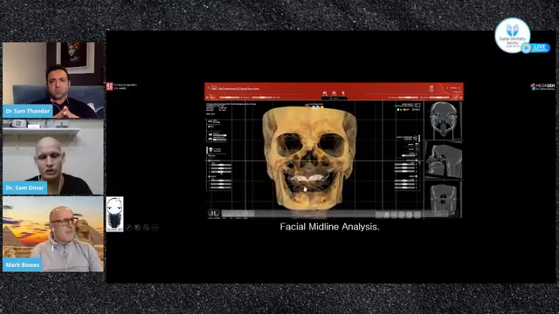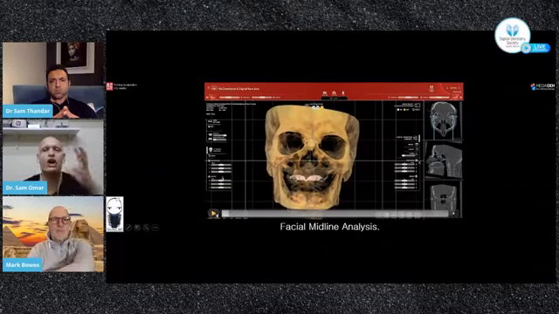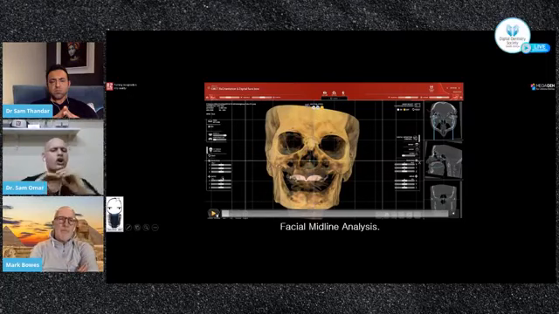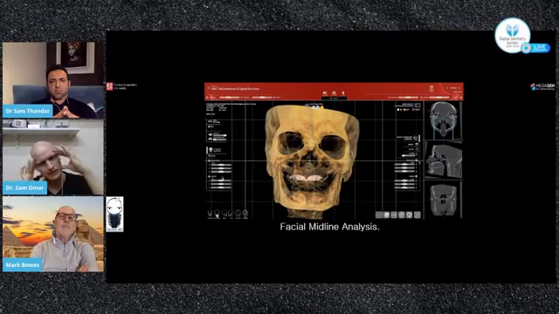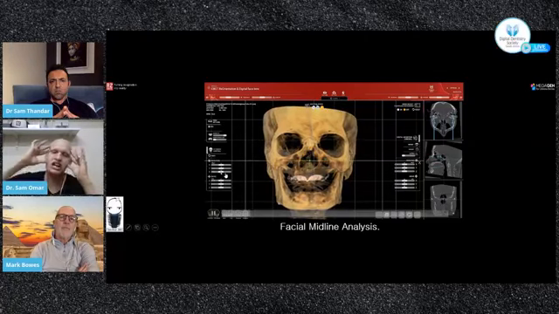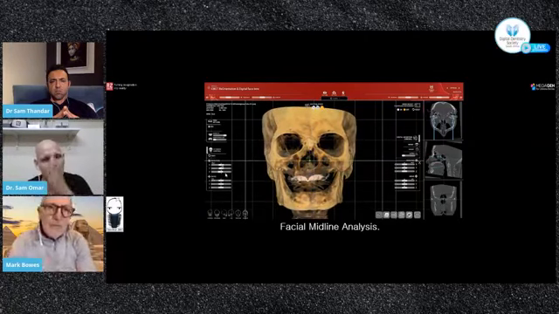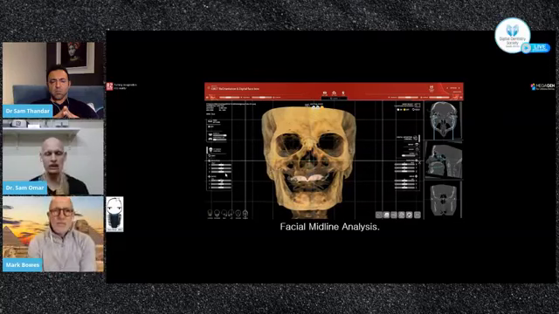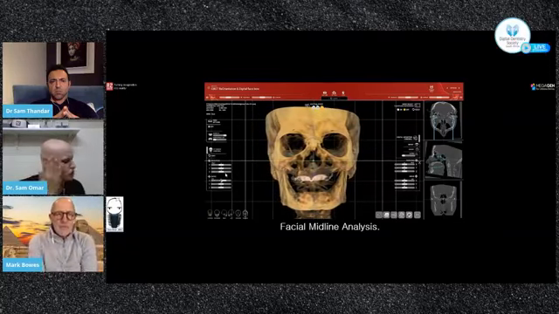So inside R2Gate, what we do is we will get that large FOV CBCT, regardless of how the patient was scanned. We can, in the software, digitally realign the patient's head to adjust it and to get exactly where the midline of the patient's head is. Not only from a frontal view, but also from a side view.